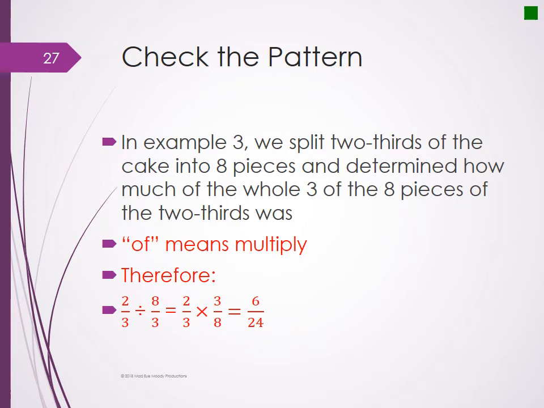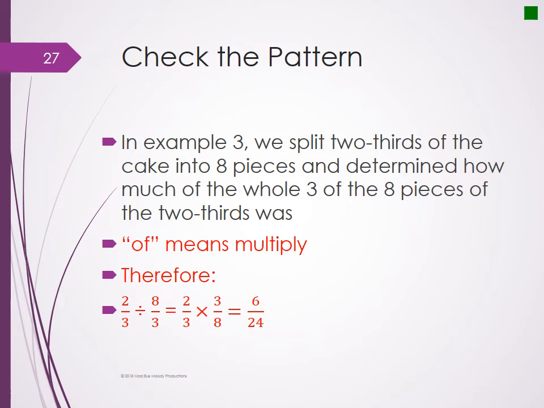In example 3, we split 2/3 of the cake, the remaining 2/3 of the cake, into 8 pieces, and determined how much of the whole 3 of those 8 new pieces of the 2/3 was. Of means multiply. Therefore, we were finding 3/8 of the 2/3.